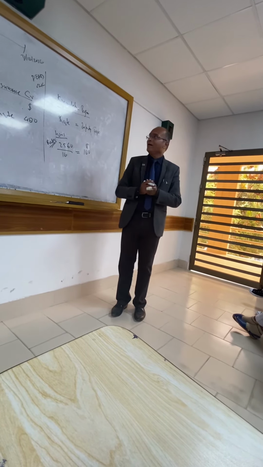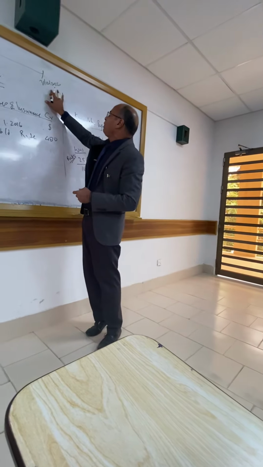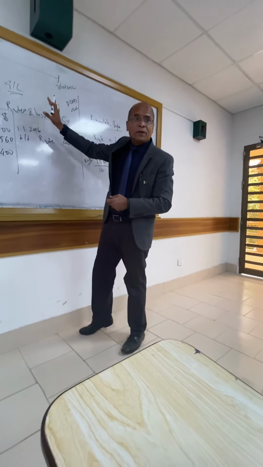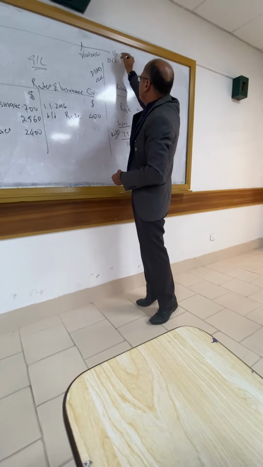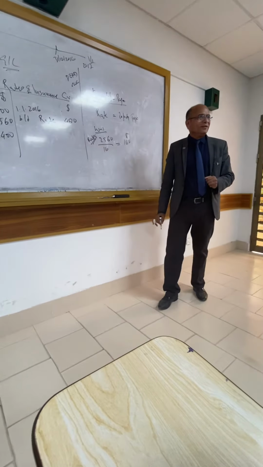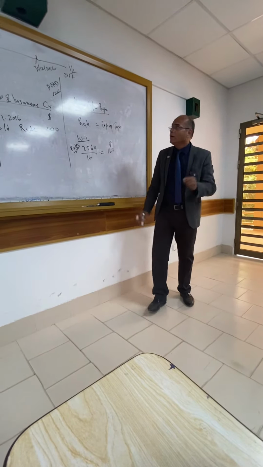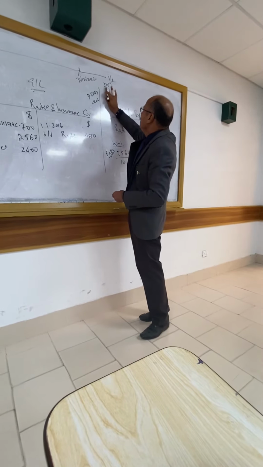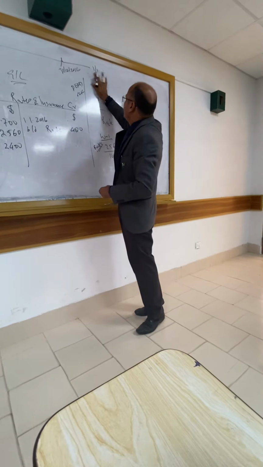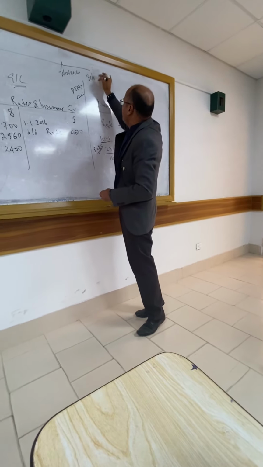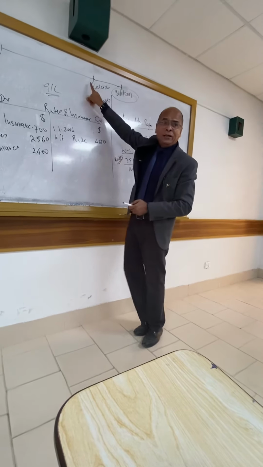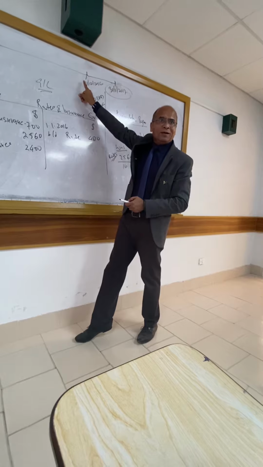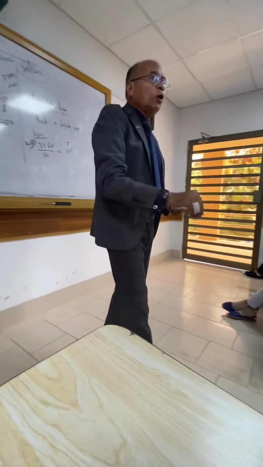Now listen: our accounting year ends on 31st December 2016, and this is going into 1st January 2017. My accounting year ends here, on 31st December, but this payment is for 16 months. Try to understand, the story is very interesting.